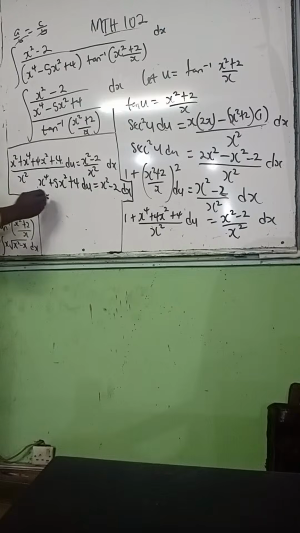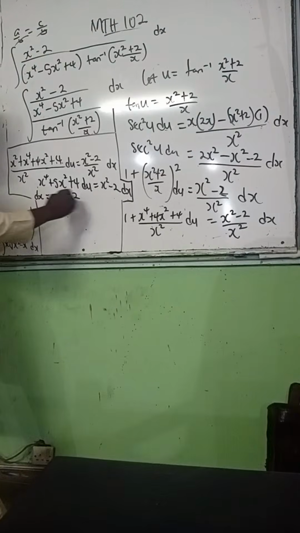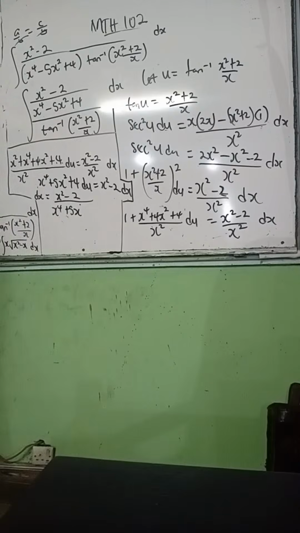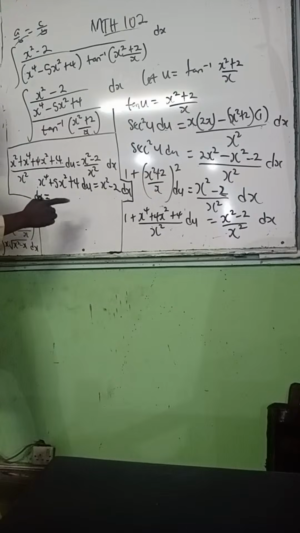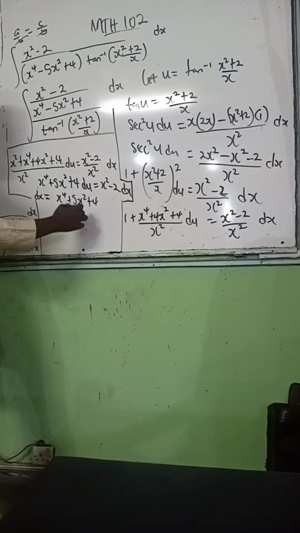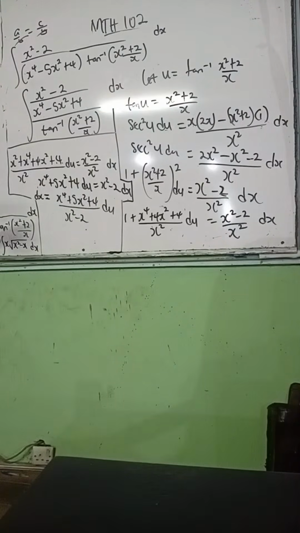We get dx equals (x to the power 4 plus 5x squared plus 4) over (x squared minus 2) du.